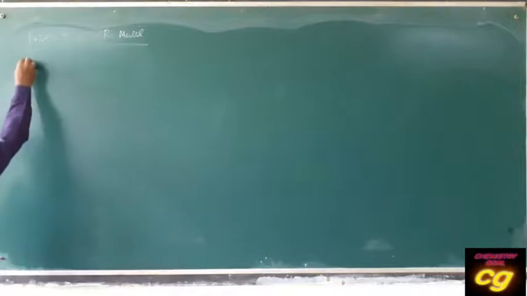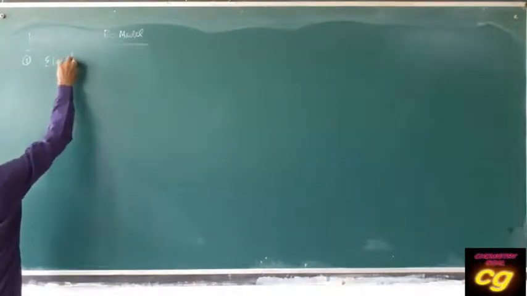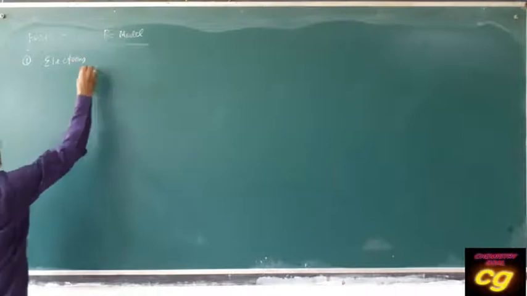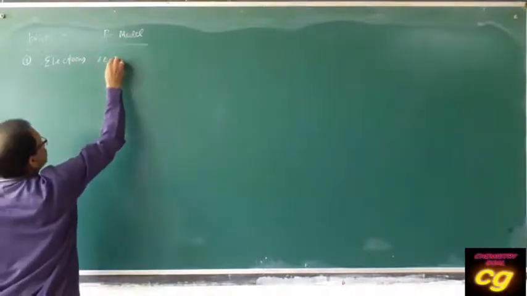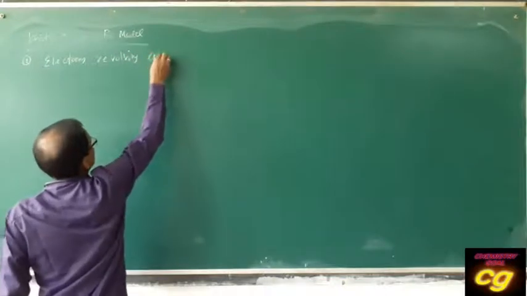What are the postulates of Rutherford's model? What are the features of Rutherford's model?